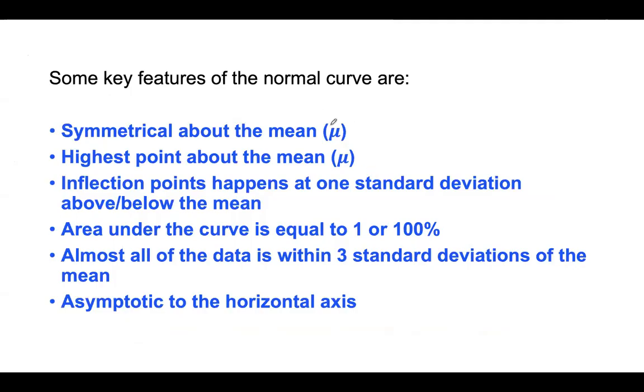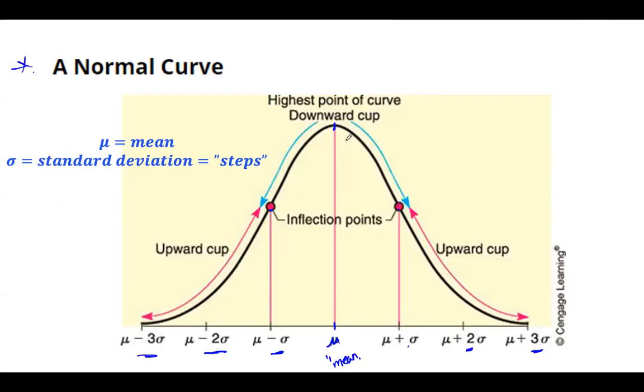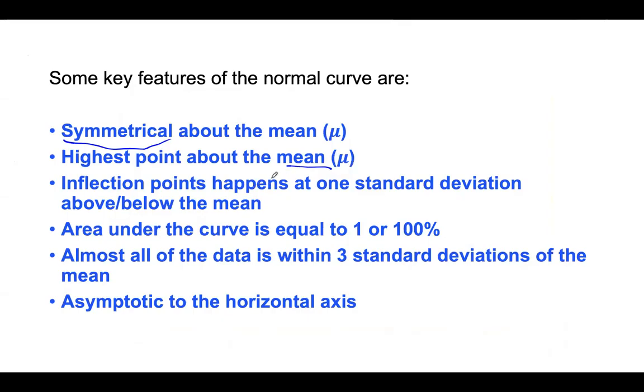Now, some key features of the normal curve are, you can see that it's symmetric. So it's very symmetrical around the mean. The highest point is, of course, where the mean is. Like this is the highest point, which is another word for average.